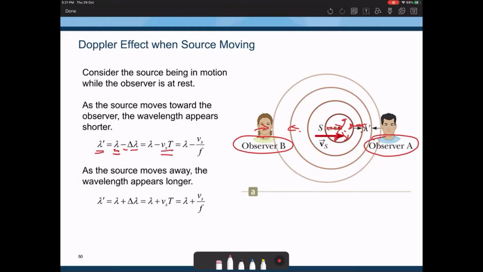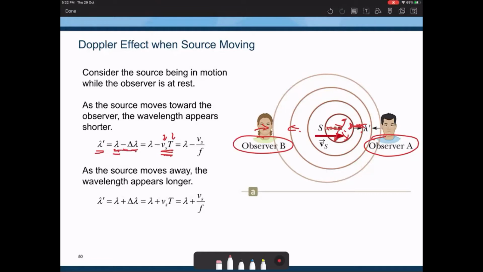So in between two circles, the time difference is 1 period of oscillation. And the car has moved a distance of Vs times T. Vs is the source speed, and T is the period of oscillation. So this would be the change of the wavelength.